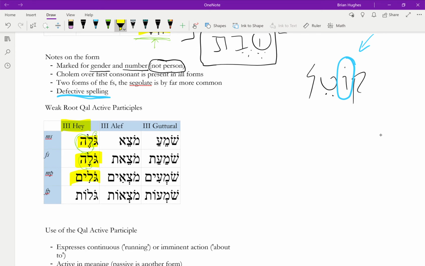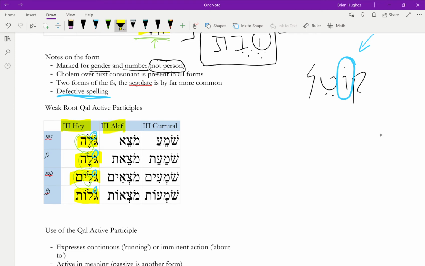We get golim, and so we get the plural ending that comes along. Remember, it's a vowel. The hireq yod begins the suffix, and so the third hey of the root can't do that. You can't have a vowel, and so it goes away. And then you get golot. So notice how we still get our holem as our diagnostic for these qal active participles, and that is what we want to look for.